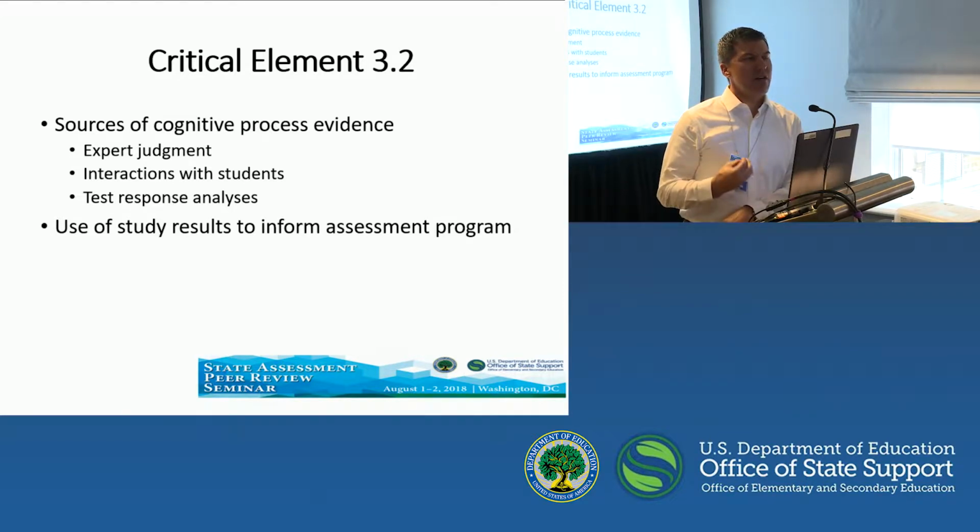So I think for states, for people submitting for peer review, what would be helpful for us is to see where you think cognitive processes are applicable, and specifically what those cognitive processes are, so that you're investigating them in a very focused manner.